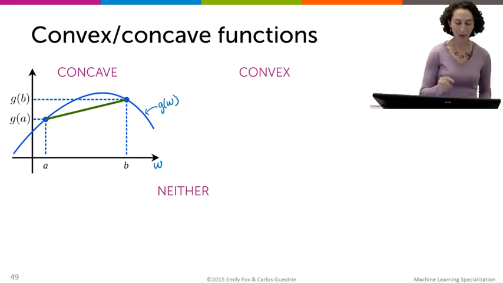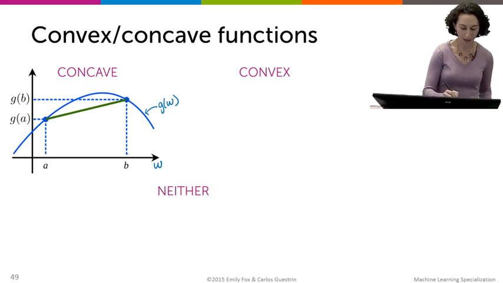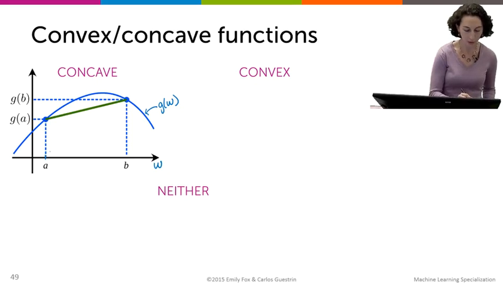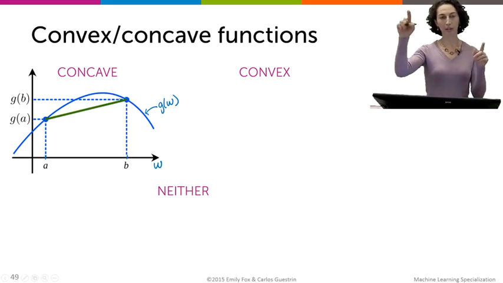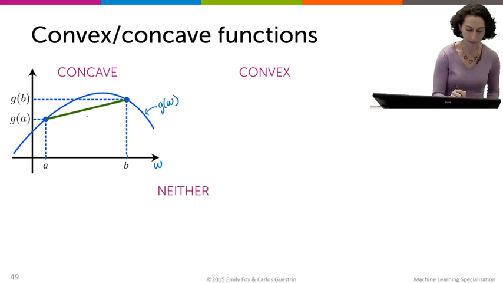Okay, so the way we can think about defining what a concave function is: we can look at any two values of w, let's call them a and b, and look at the value of the function at a and b, so g of a and g of b, and let's draw a line between g of a and g of b. So that's this green line here.